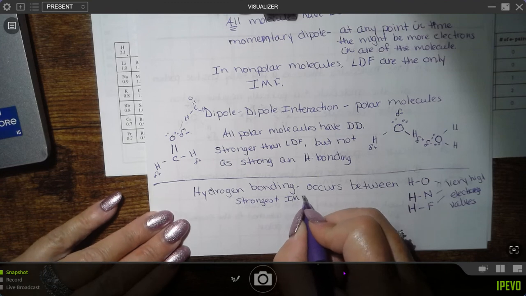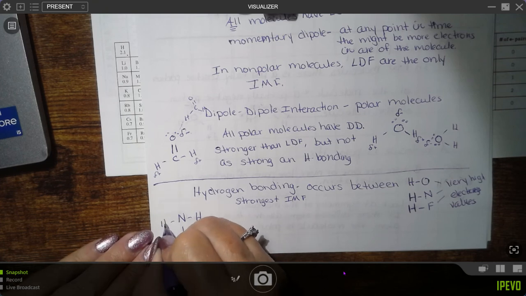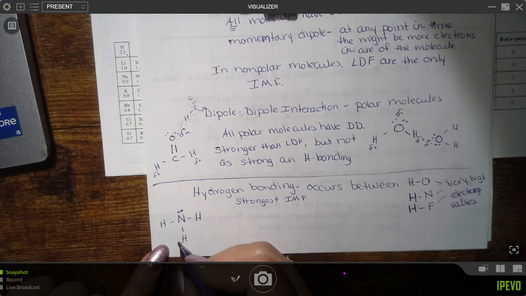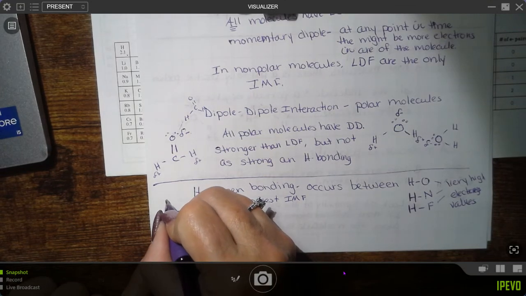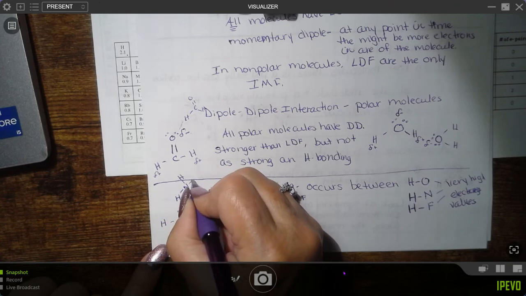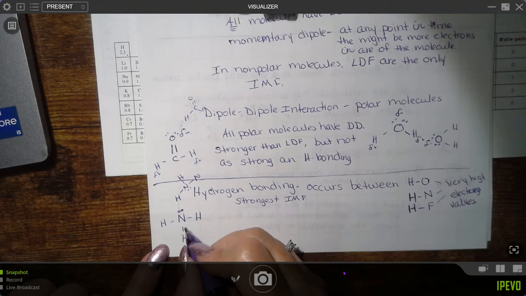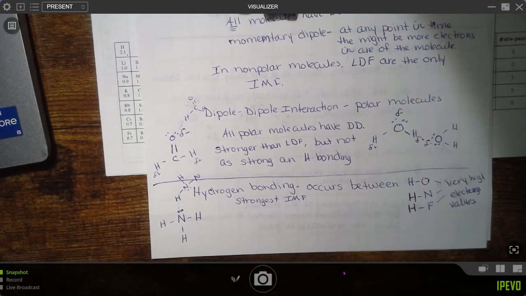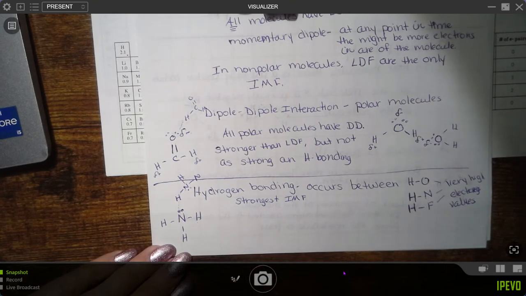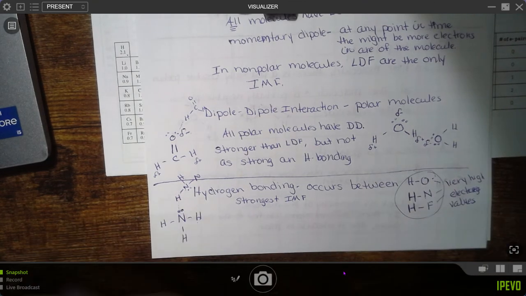Another example of hydrogen bonding would be in ammonia, which is NH3. We have a nitrogen attached to three hydrogens. In a neighboring molecule, we would have an attraction between the hydrogen and the nitrogen on another molecule. This is what a hydrogen bond is. It gives some of these compounds their special characteristics. Hydrogen bonding only happens in these three circumstances.